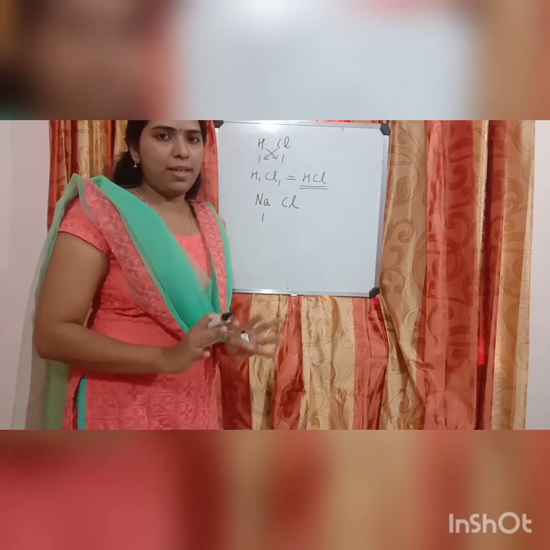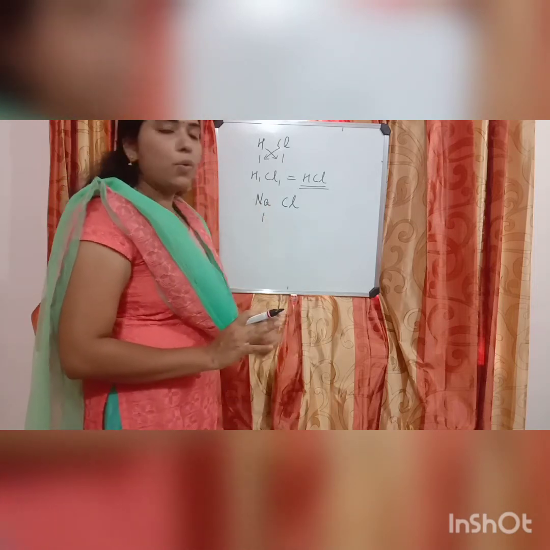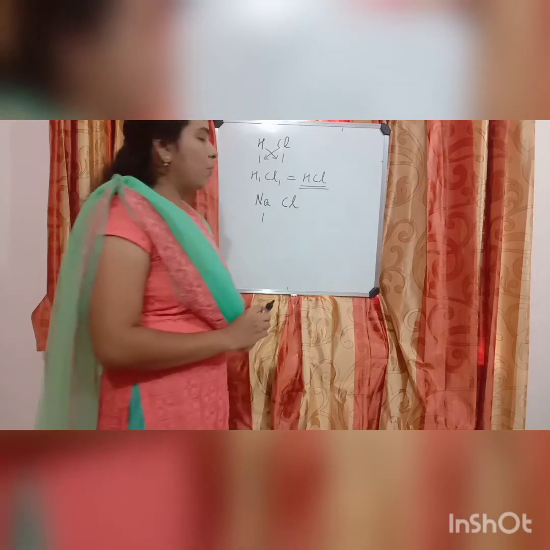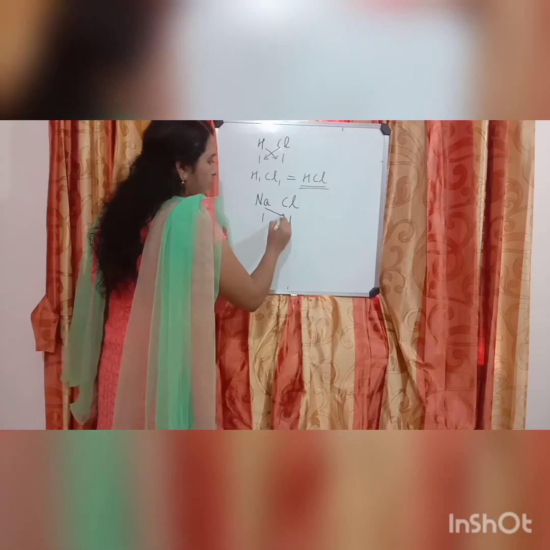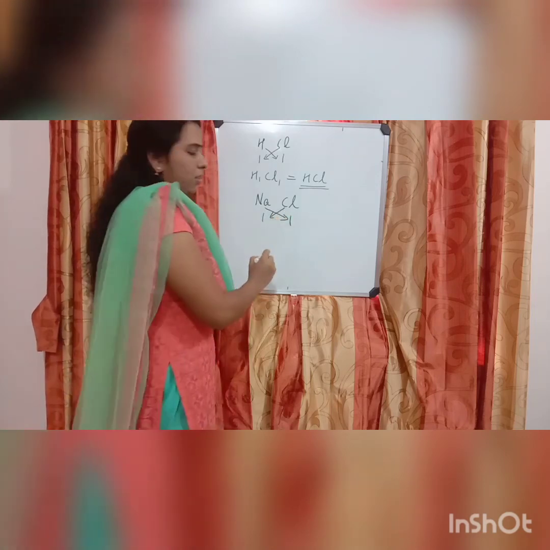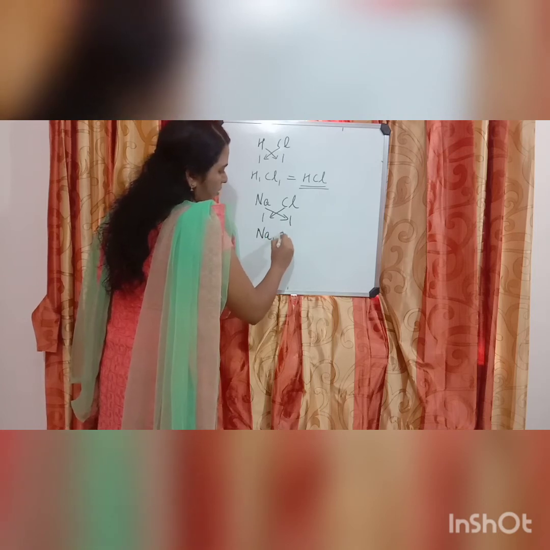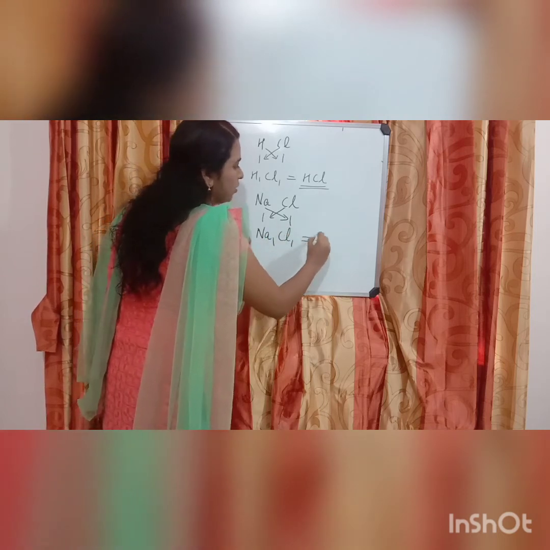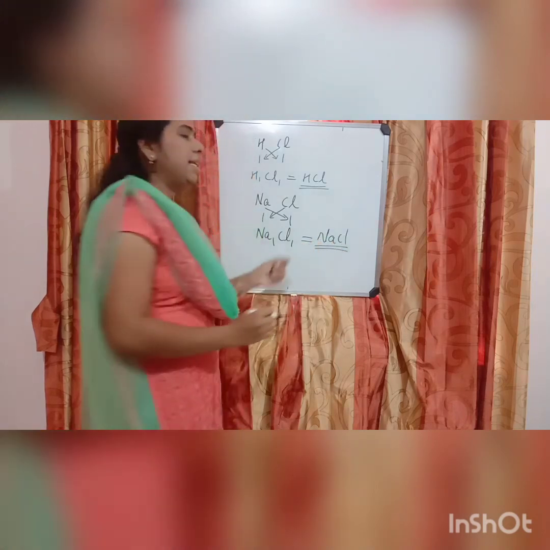So you have to study the valencies. Here the valency of the sodium atom is 1. And what about the chloride ion? It is also 1. After that you have to cross multiply it. Then you will get the compound like this. So the chemical formula of this compound is NaCl.